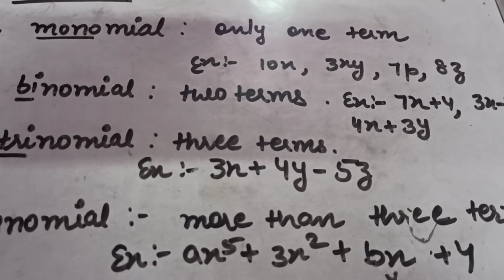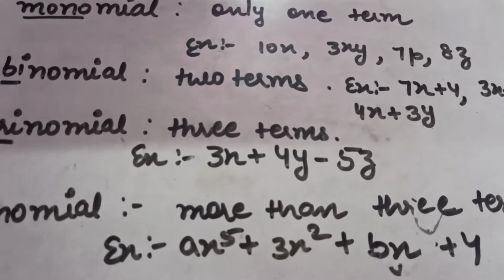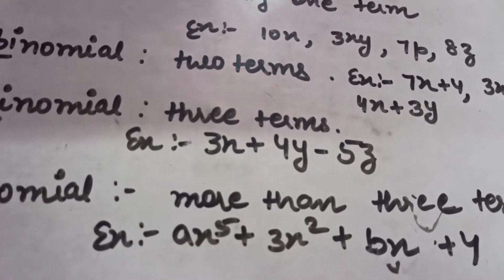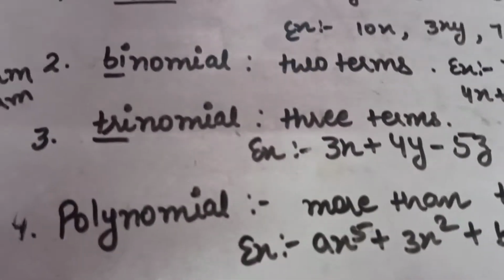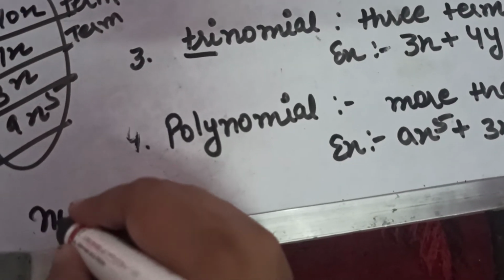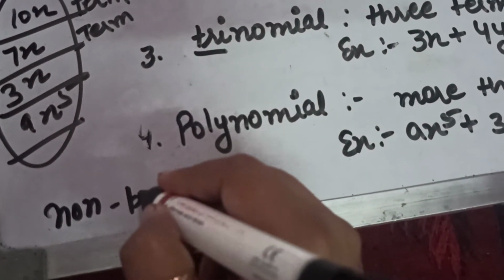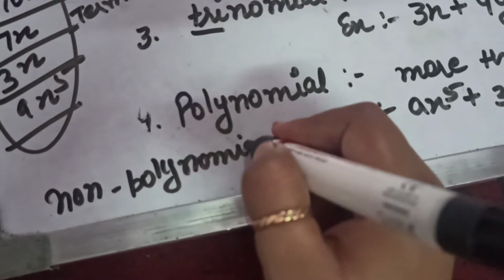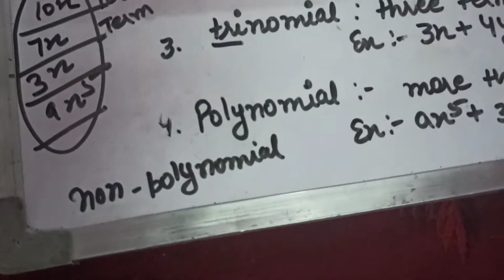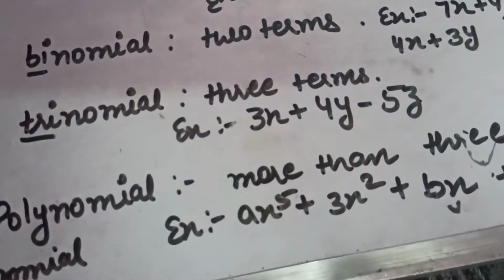Means the downside, the denominator, is not there. So what do we call that polynomial? That is non-polynomial. Non-polynomial. Right? Means that is not a polynomial or an algebraic expression.